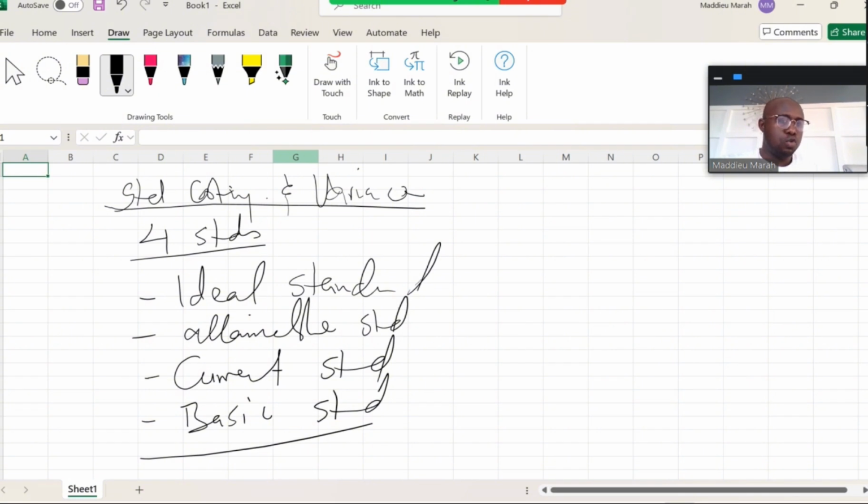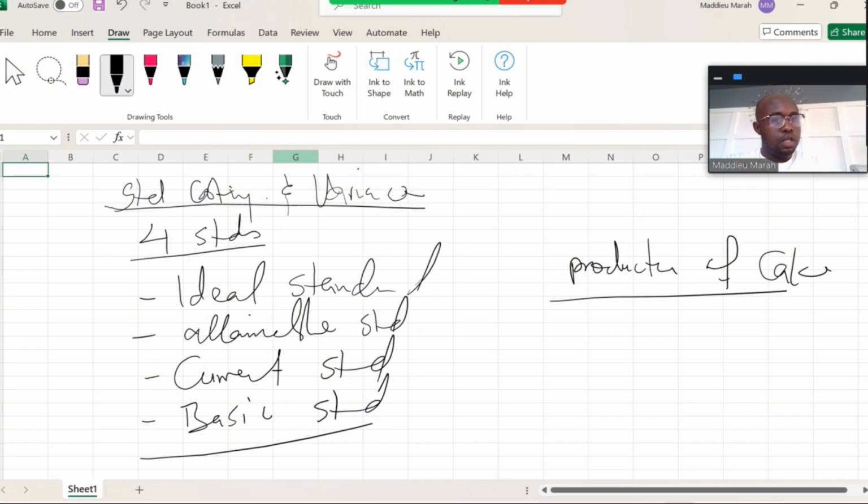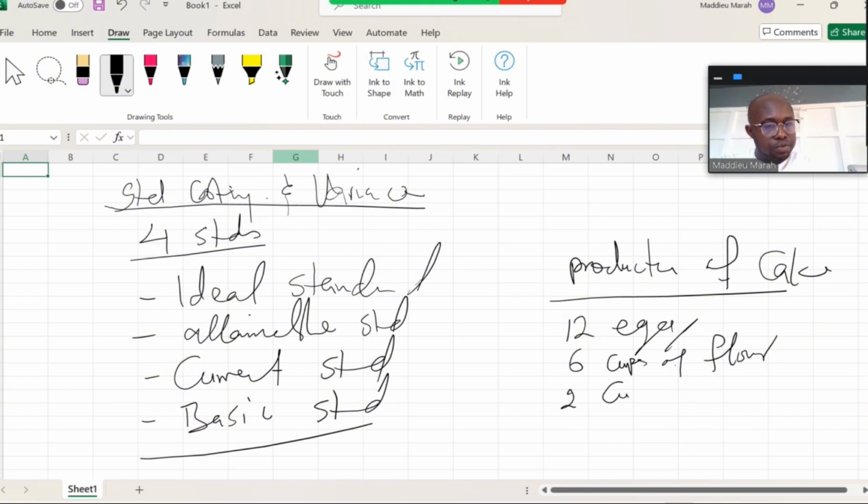Let's take an example for the production of cake. Okay, the cake that we want to make requires 12 eggs, 6 cups of flour, and let's say 2 cups of sugar.